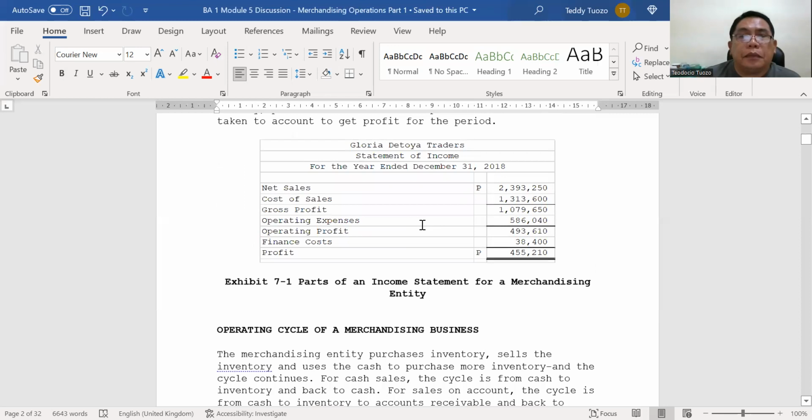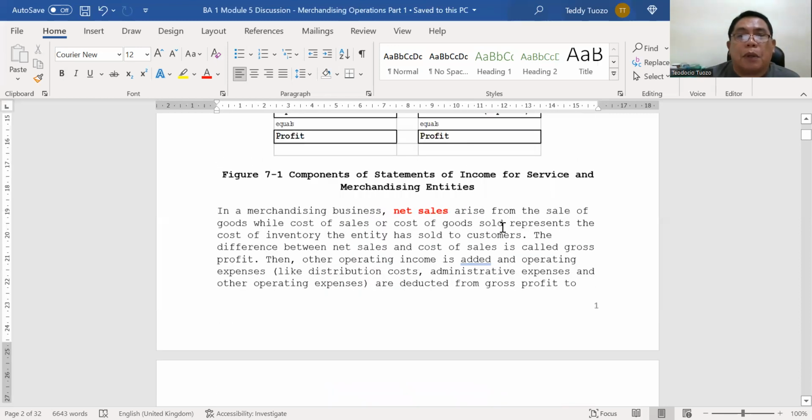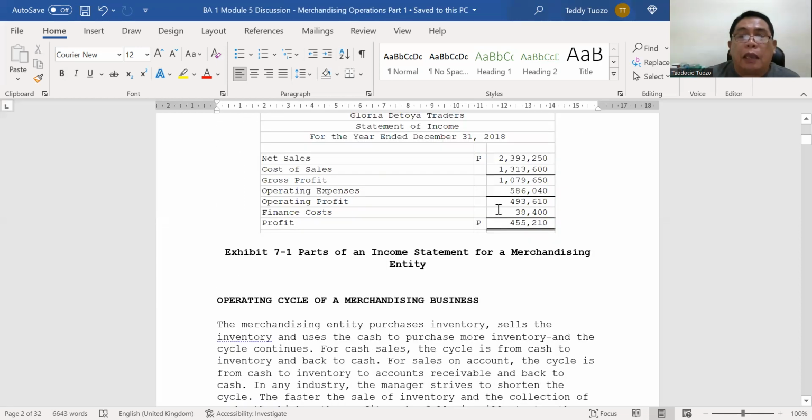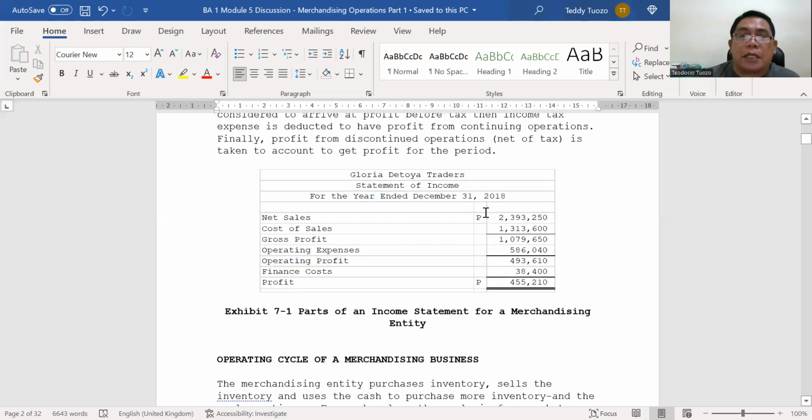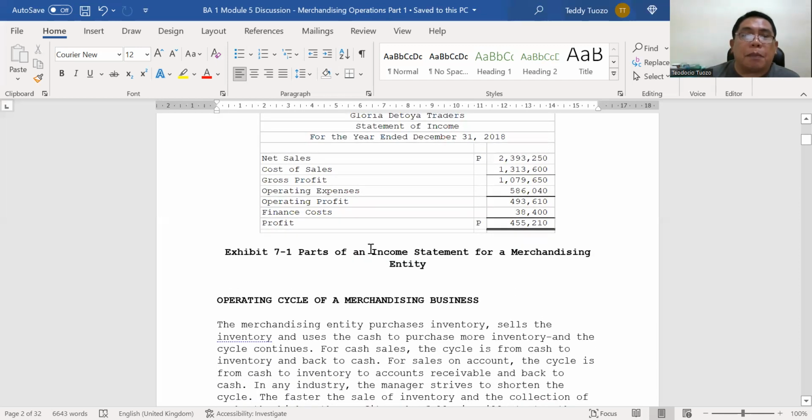Okay. So you have there an example again. This is an example of a statement of income of a merchandising business. You have net sales less cost of sales, equal to gross profit. Operating expenses less, the difference is what we call operating profit, less finance cost.